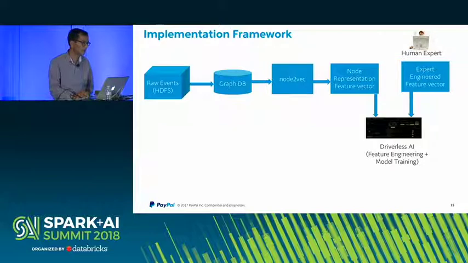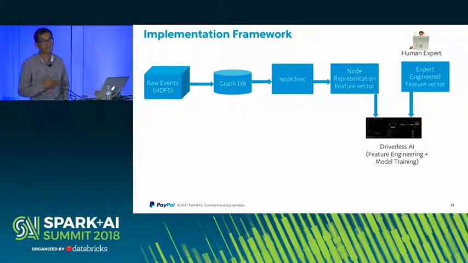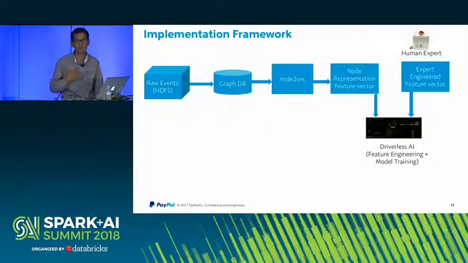Our specific implementation takes data directly from raw events, which are PayPal transaction events: login, logout, and payment transaction events. One of the challenges of implementing these frameworks, which were academic research, for industry is how do we scale for the large quantity of data we have?